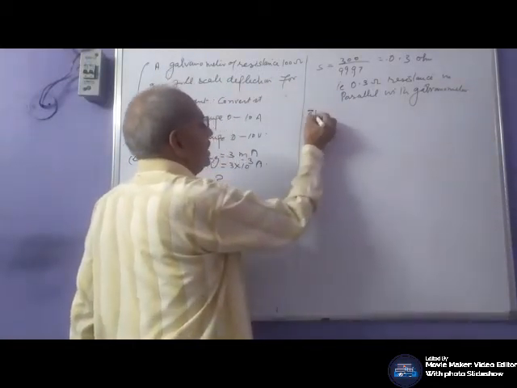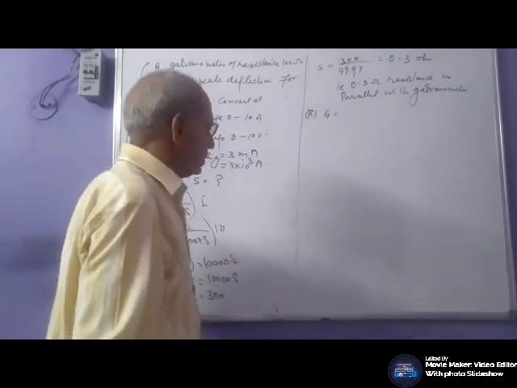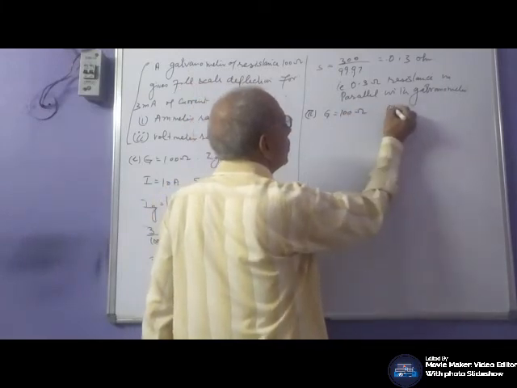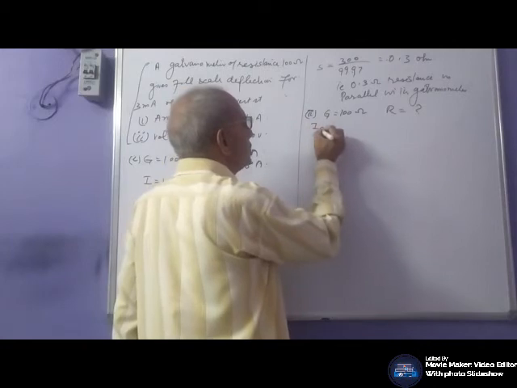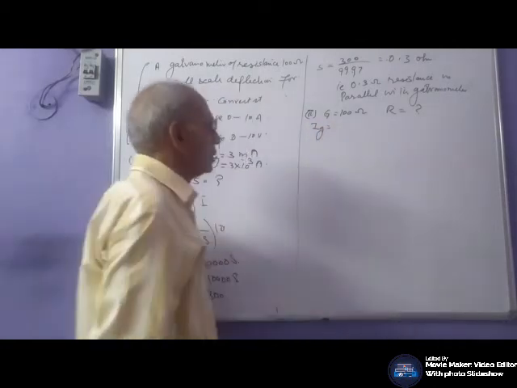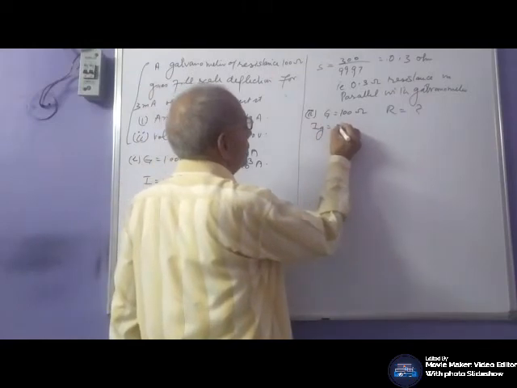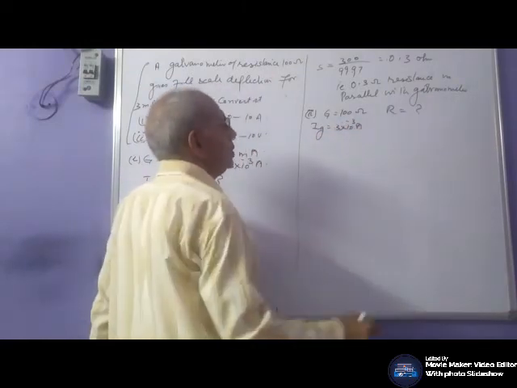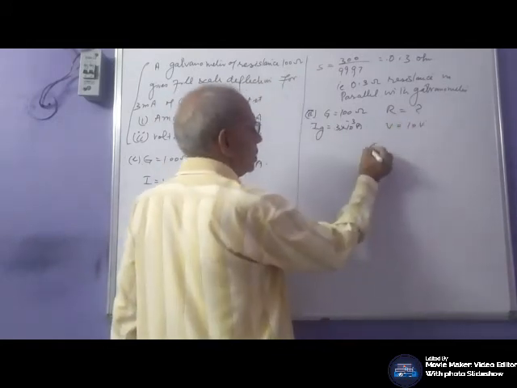Now second case, G again is 100 ohm. Voltmeter means R, the maximum current that can pass through the voltmeter is Ig, and the maximum voltage measured is 10 volt.